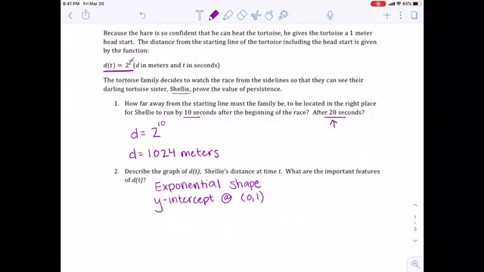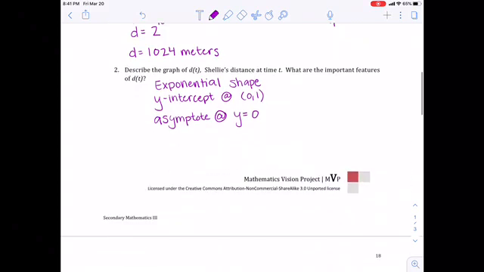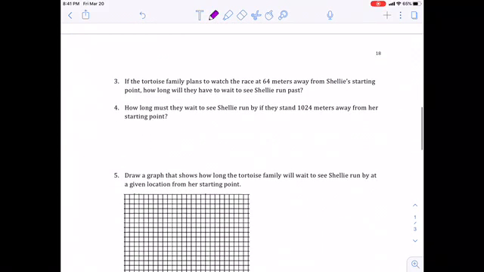So I'm going to write down that we have an asymptote on the line y equals 0. That's the x-axis. Now there are some other features, and if you thought of them and added them to this description, that's great, but I'm going to go ahead and leave it right there and move on.